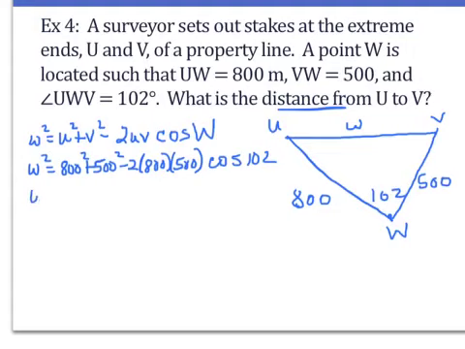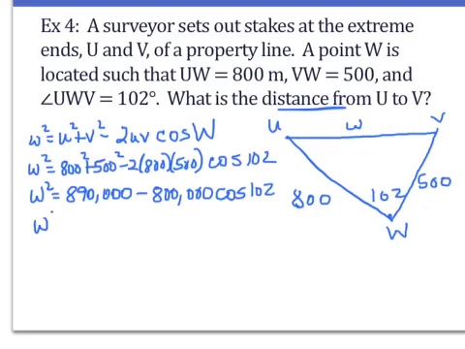And this is going to give us some pretty large numbers. So when we square 800 and square 500 and add those together, we're going to get 890,000. And when we multiply 800 and 500 and double it, then we get 800,000. Pretty big numbers. And then we're going to multiply that by cosine of 102.